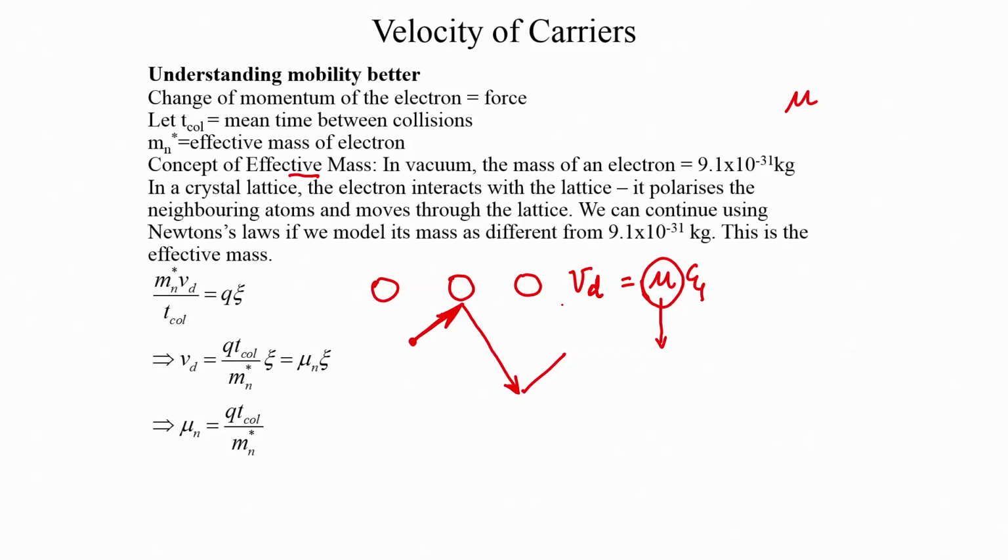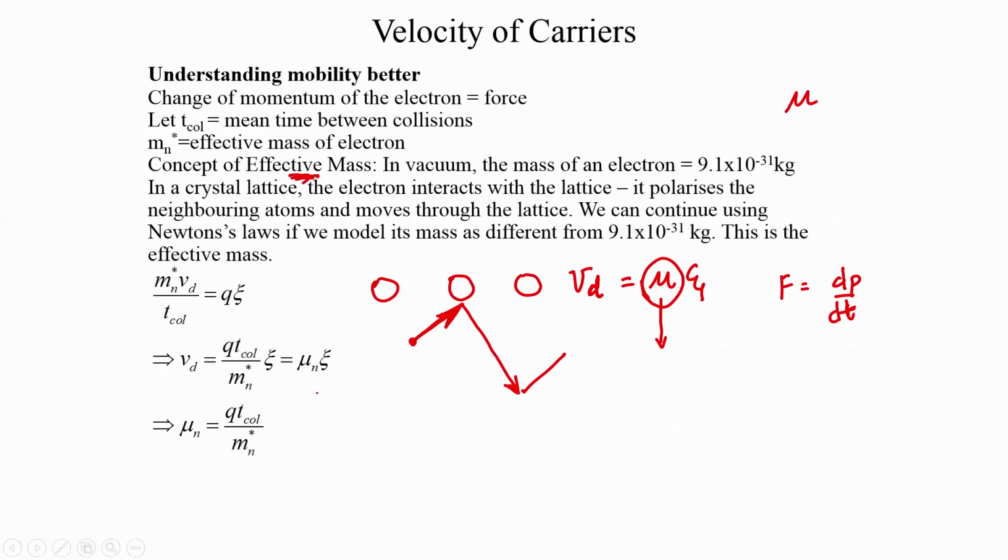But let us say that we really like to use a simple model for the movement of the electrons. For example, we would really like to define the force experienced by the electron as the rate of change of the momentum of the electron and try to use Newton's laws. Then we must make some arrangements, or come up with some models that have some artifacts in it. One such artifact, or modeling parameter, is called the effective mass.